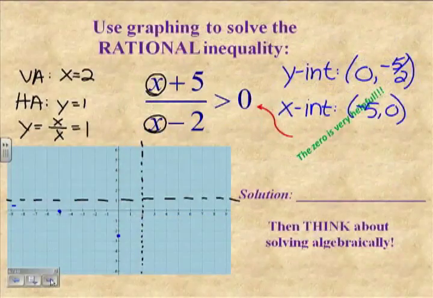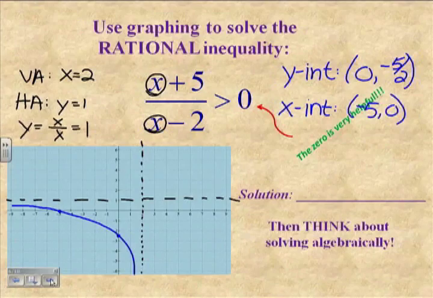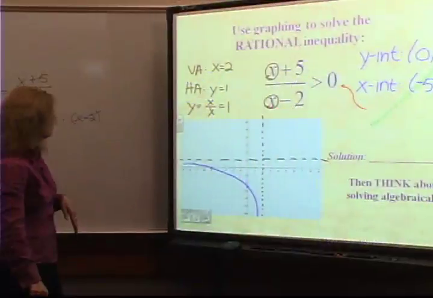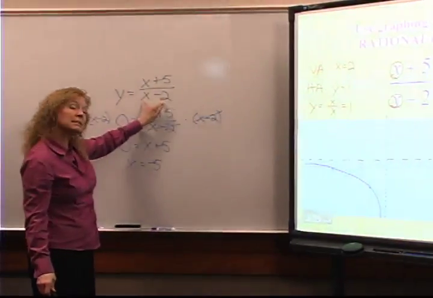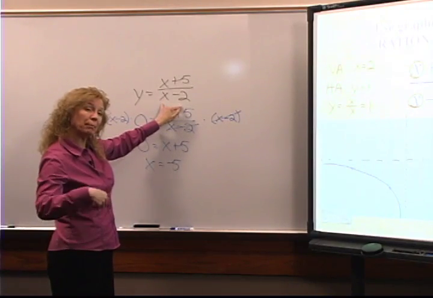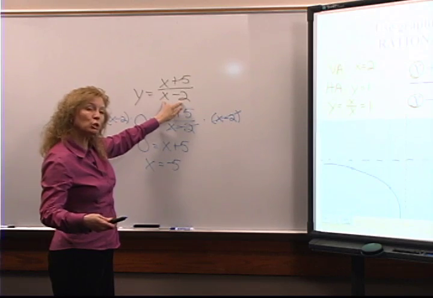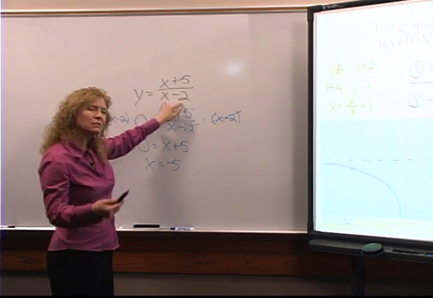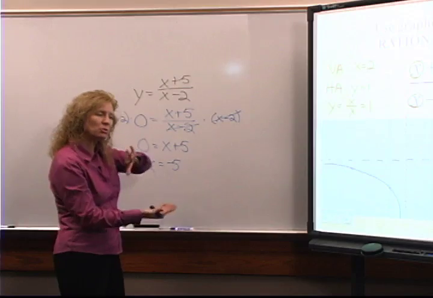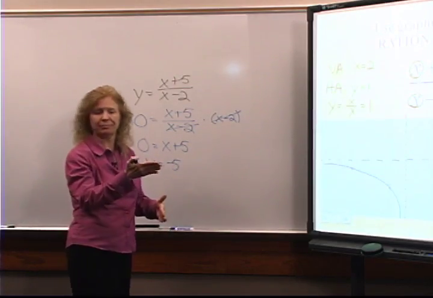And so now I can reasonably draw that. And remember, we talked about how this denominator, you look at the multiplicity of that factor. And since that has a multiplicity of 1, just like on the polynomials, we're going to cross over.